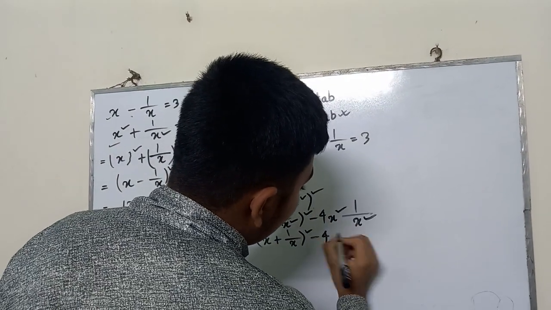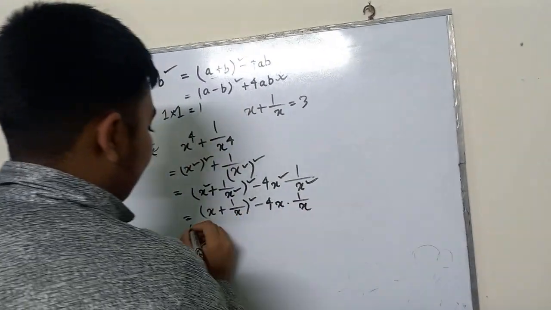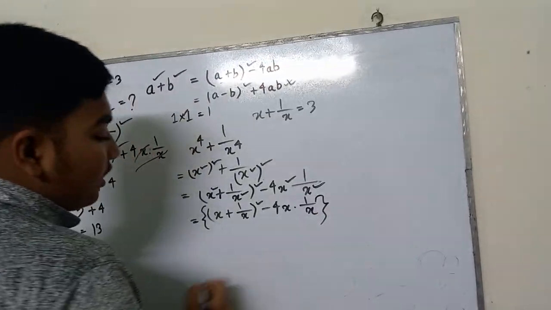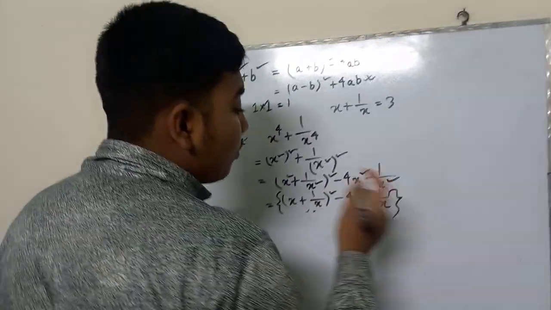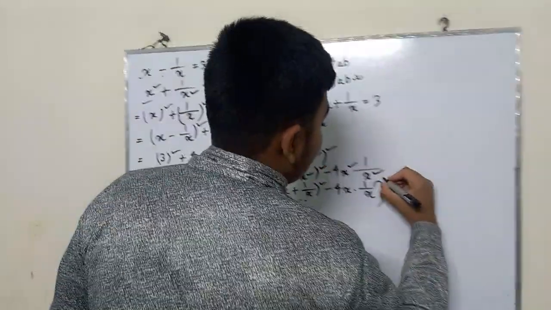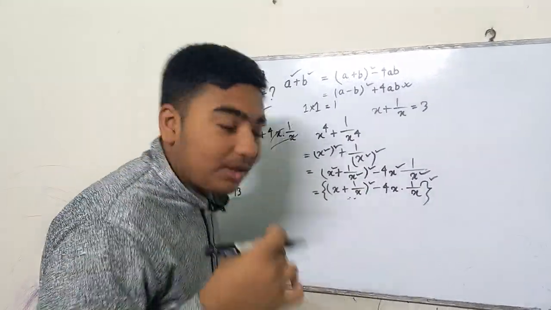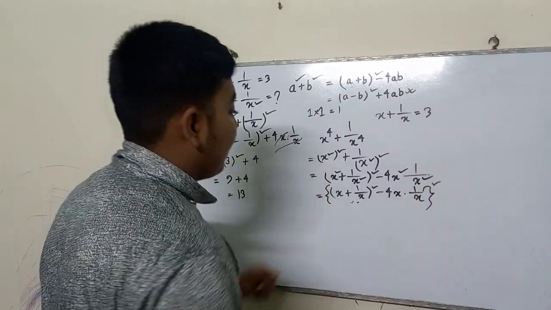Minus 2x multiplied by 1 by x give second bracket, because we have already used this first bracket to here, so we have to must use the second bracket. Then this square, we make the rule of the formula of this part, not the entire part.